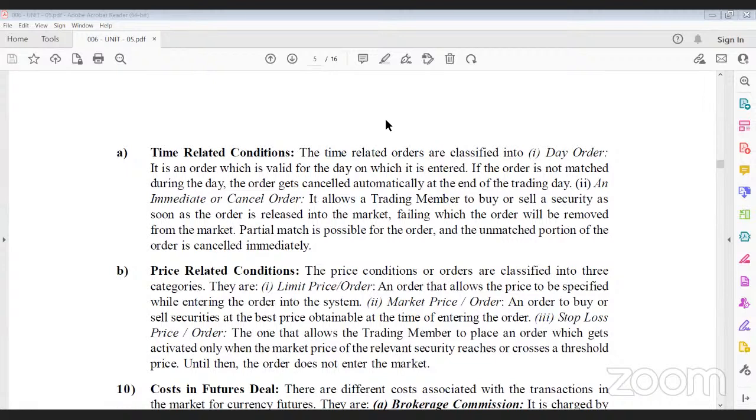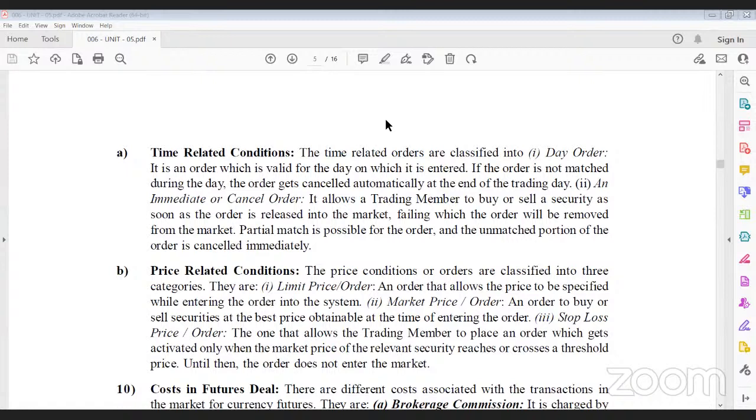Likewise, for an immediate or cancel order, a partial match is possible, and the unmatched portion of the order is cancelled immediately. Next, we have price related conditions. Under this, you have limit price, market price, and stop loss price, or trigger price.